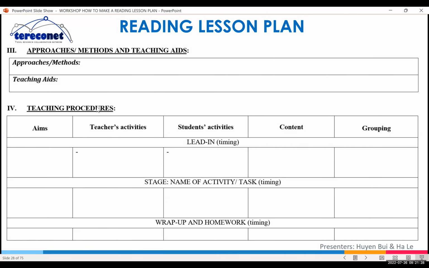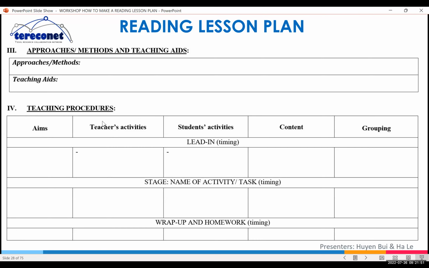Okay, you should also note down the approach or the teaching method that you want to apply today and what type of teaching aids you use. Flashcards, for example, you can use some kind of interactive quiz, for example, PowerPoint slide, for example. So you need to note here.